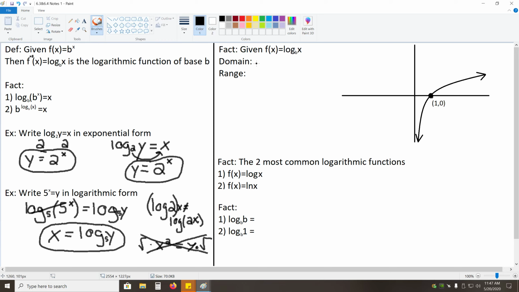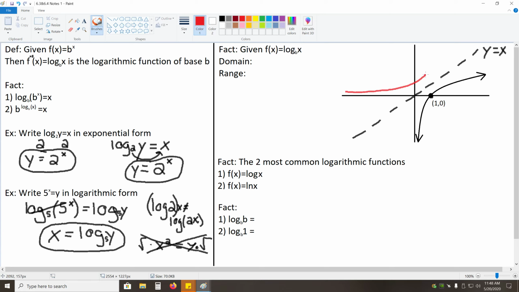Okay, so continuing on from there, given our logarithmic function of base b, so log base b of x, we can note the domain, range, and graph. First of all, remember that when you're dealing with inverse functions, an inverse represents a reflection over the line y equals x. And remember what the original graph of an exponential function looks like.